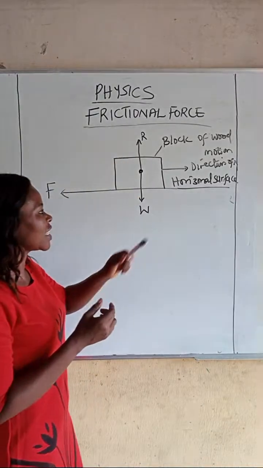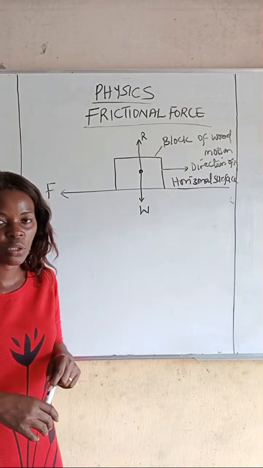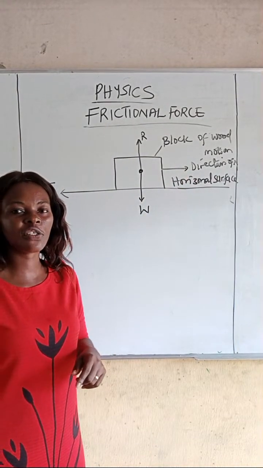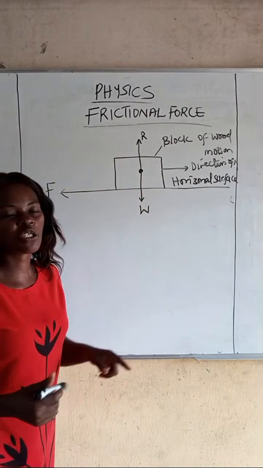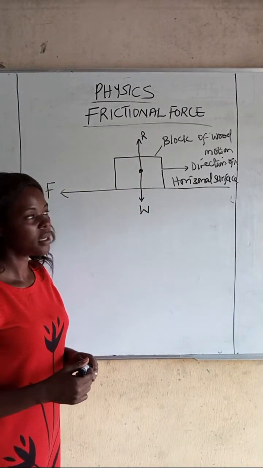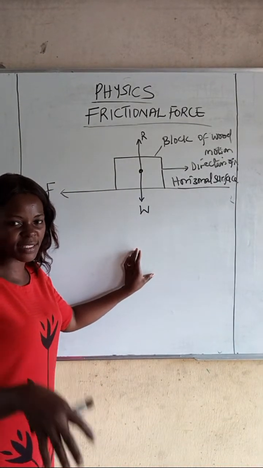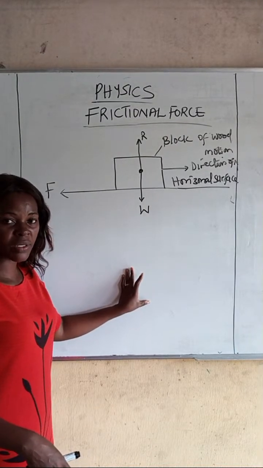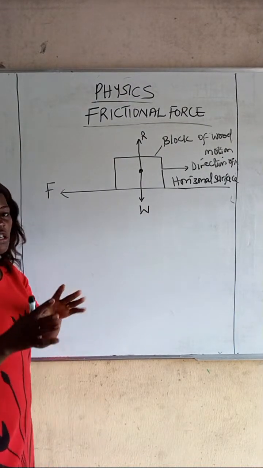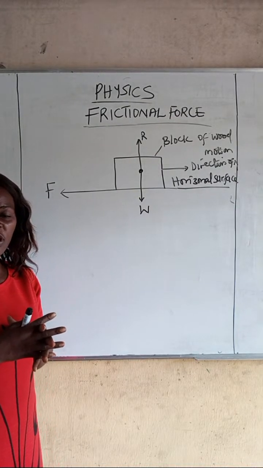And we now drag it in this direction. This is the direction of motion. But because friction is a force of opposition, it must go this way, opposite of the direction of the motion. Now, the weight of the body is still acting down because weight acts down, while the reaction is acting up. Do we understand? So that is the concept of friction.